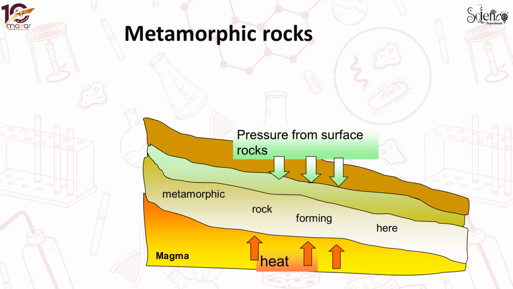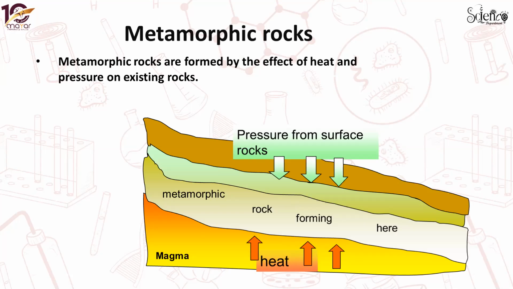So if I have, for example, an igneous rock, and it is covered with other layers and other layers, over time this igneous rock is under very high pressure from the above layers and a very high temperature or heat. So the igneous rock will start to change, and a new rock will form, which we call metamorphic rock.